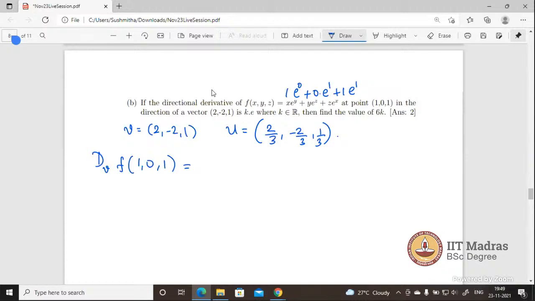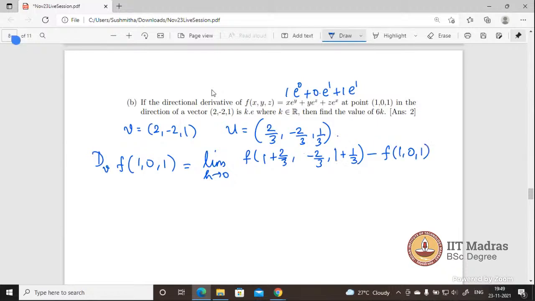Okay, so limit as h tends to 0, f of x plus 2 by 3, y minus 2 by 3, and z plus 1 by 3 minus f of... 2h by 3, isn't it? Yeah. Okay.